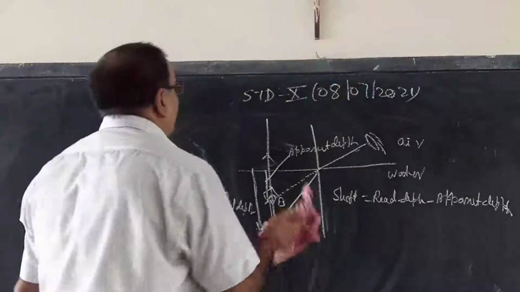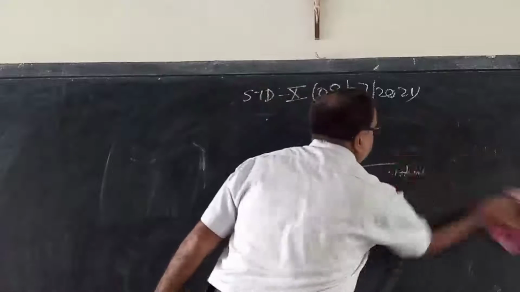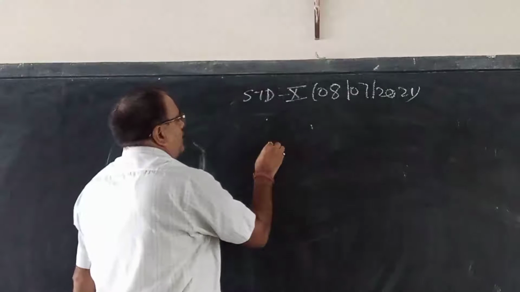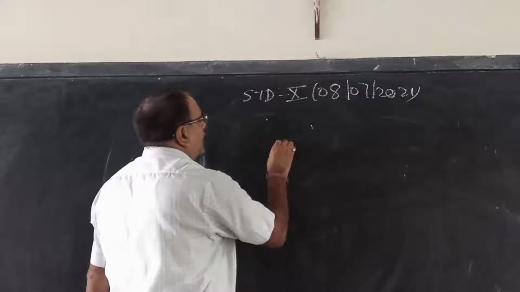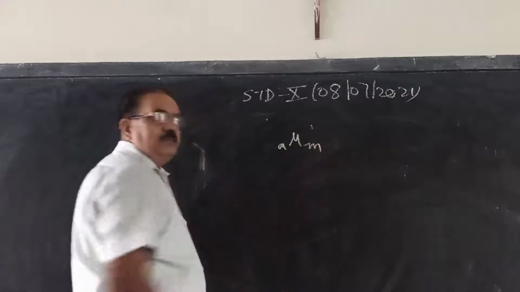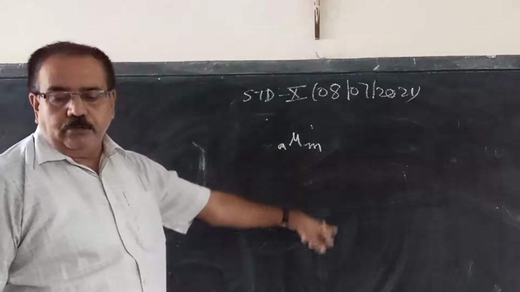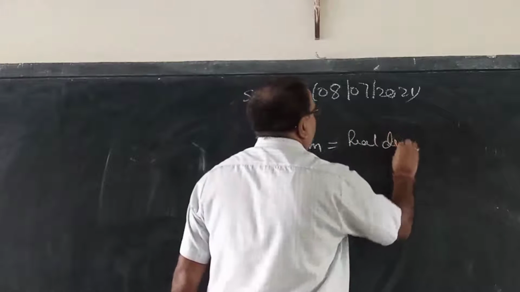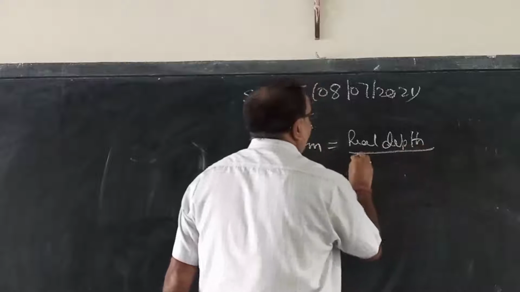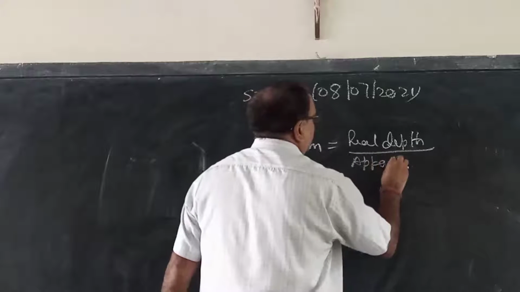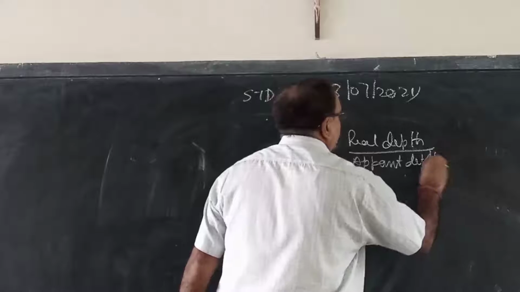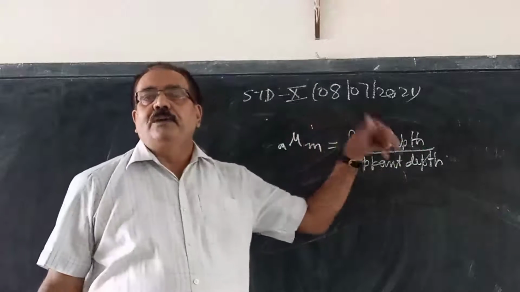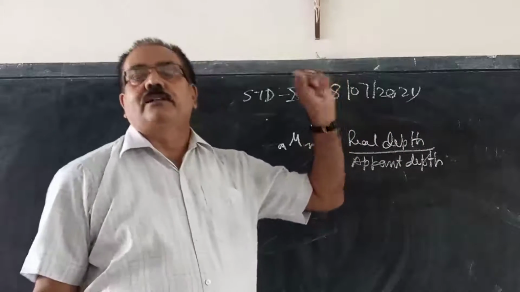The final result is: a mu medium, meaning the ray coming from air to medium, is equal to real depth by apparent depth.